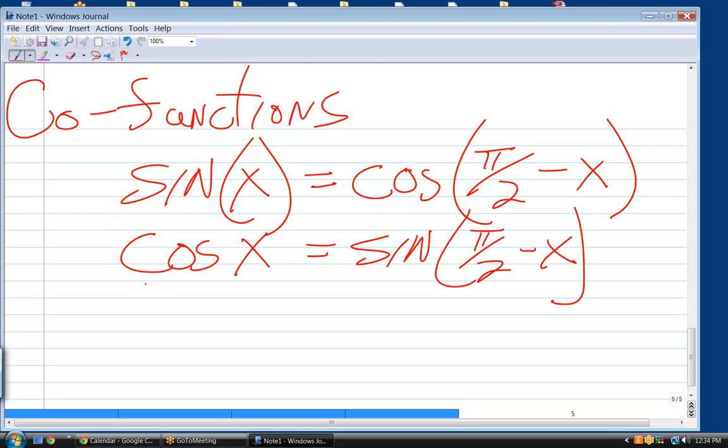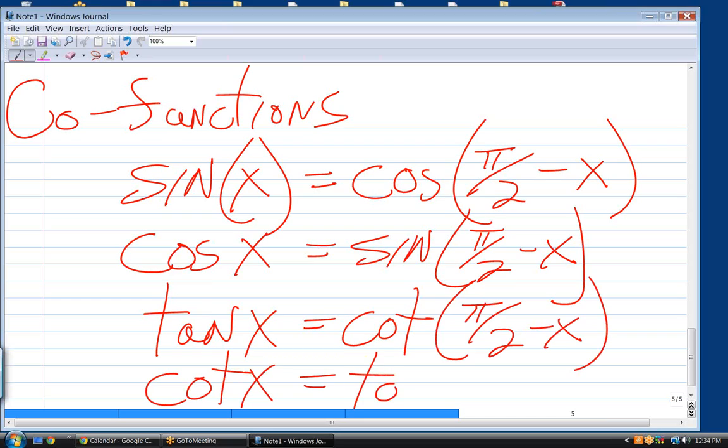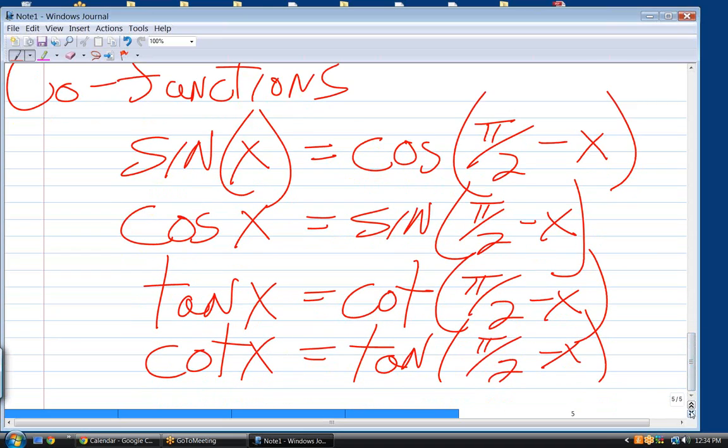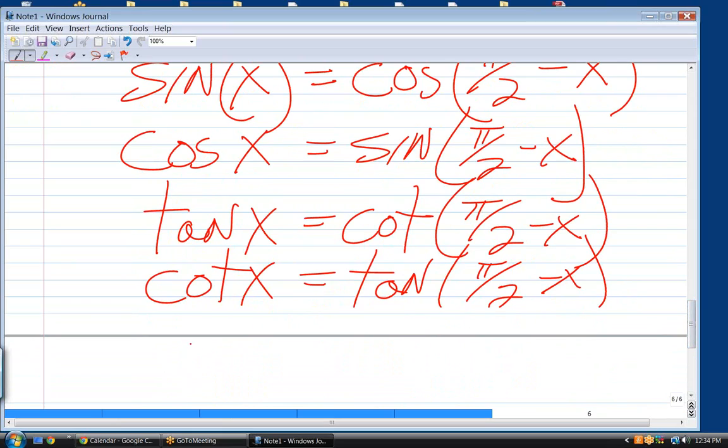And the other cofunctions, well, the obvious one is tangent and cotangent, have the same property. And in reverse, and finally, the last two are secant and cosecant.